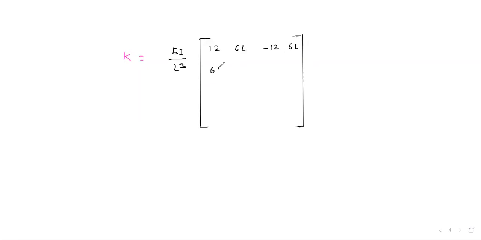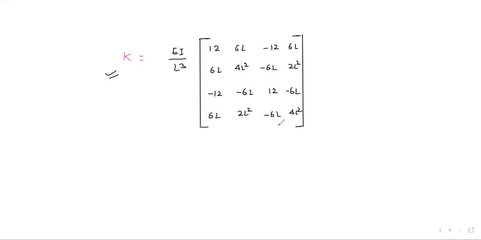Next row: 6L, 4L square, minus 6L, 2L square. Then: minus 12, minus 6L, 12, minus 6L. Then: 6L, 2L square, minus 6L, and 4L square. So EI by L cube outside, and the matrix is 12, 6L, minus 12, 6L; 6L, 4L square, minus 6L, 2L square; minus 12, minus 6L, 12, minus 6L; and 6L, 2L square, minus 6L, 4L square.